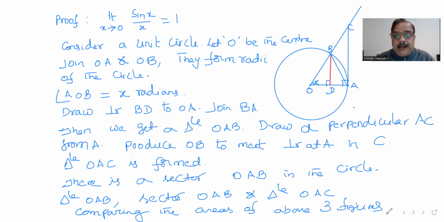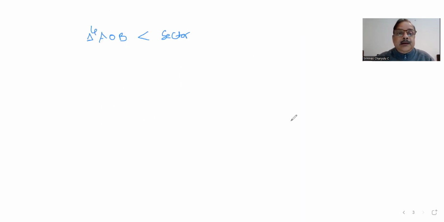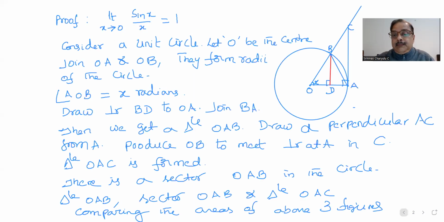OAB we have written for a triangle. OAB we have written for sectors. So better we use the same thing. Instead of writing triangle AOB, I will write here OAB. Sector OAB is less than triangle OAC.